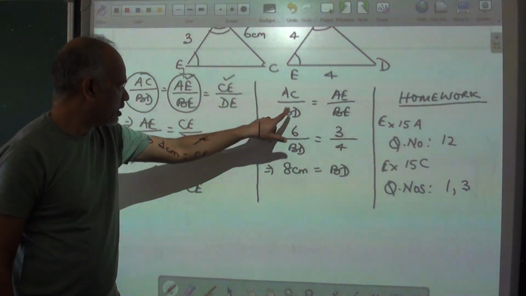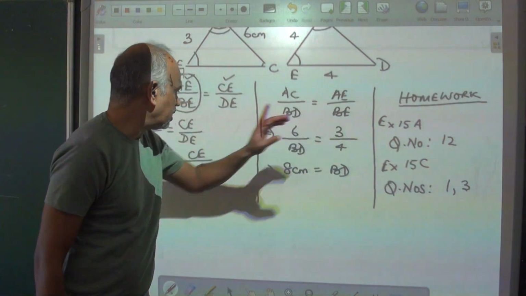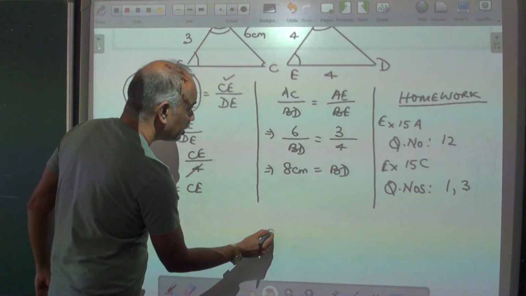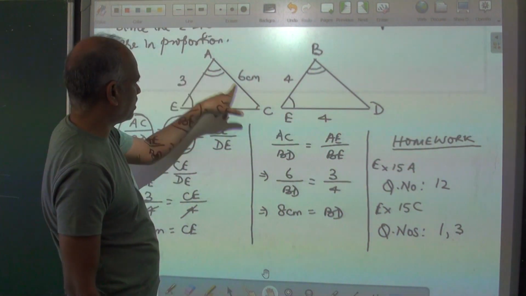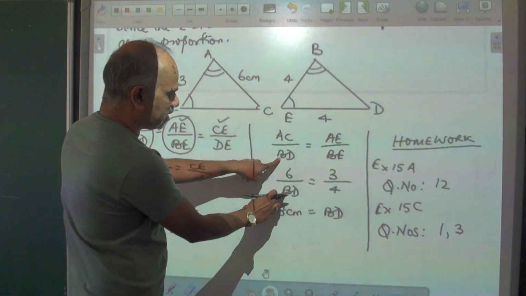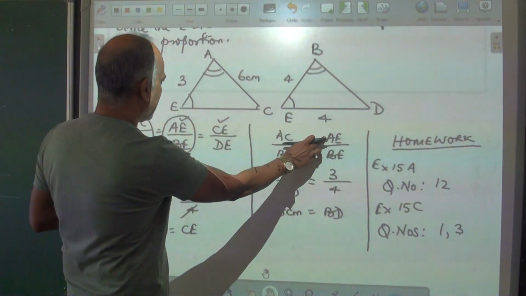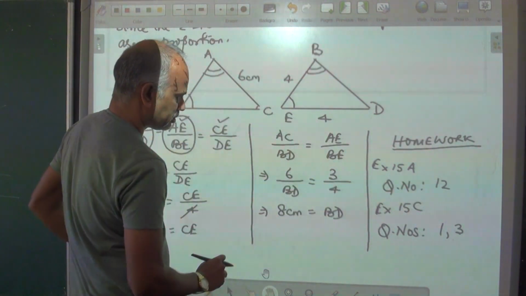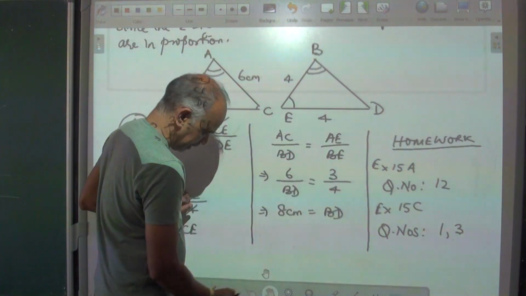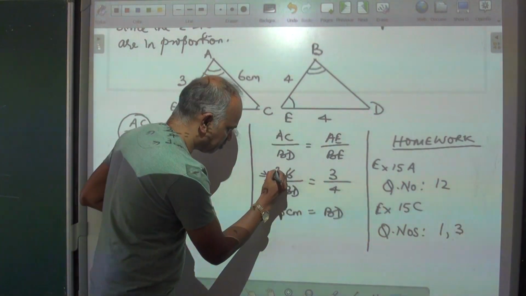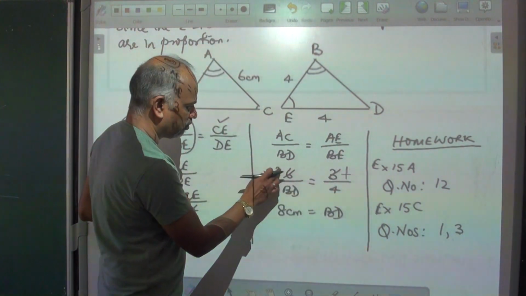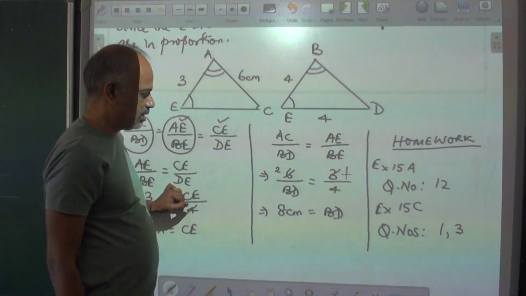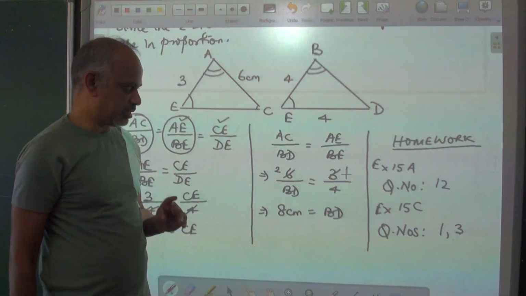AC by BD is equal to AE by BE. AC is 6 by BD, which you're going to find, is equal to AE's value 3 by BE's value 4. You can simplify this. That becomes 2, that becomes 1. Multiply the 4 this side, that becomes 8 centimeter. BD goes that side is equal to BD. So BD's length is 8 centimeter.